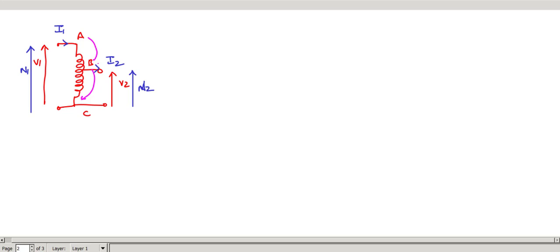Not only transformer action, conduction action also takes place, but leave that. I am converting this auto transformer to a 2-winding transformer, similar to that.